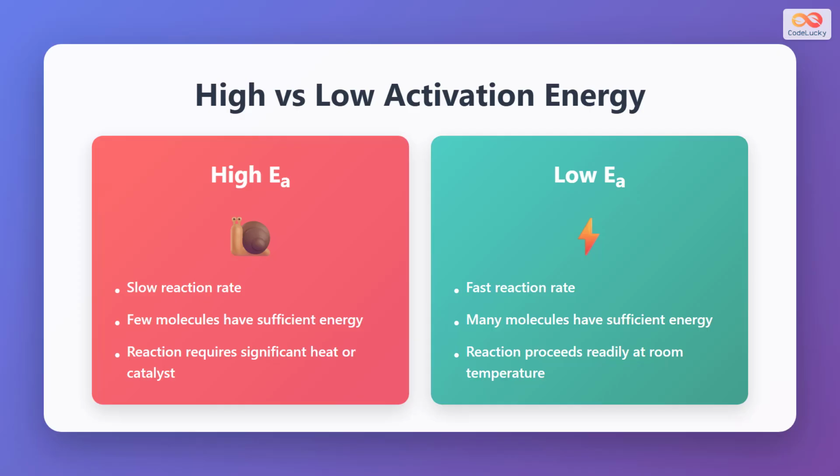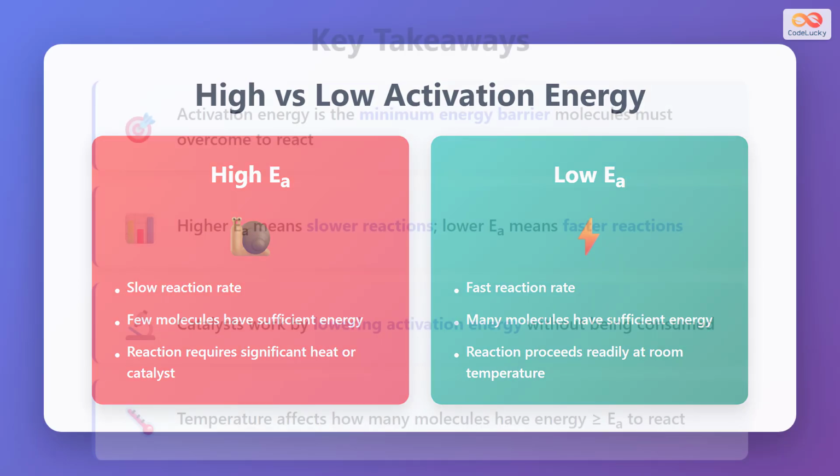In contrast, reactions with low activation energy are fast because many molecules naturally have enough energy to surpass the small barrier. These reactions can proceed readily at room temperature. Examples include acid-base neutralization reactions and many precipitation reactions that occur instantly when solutions are mixed.